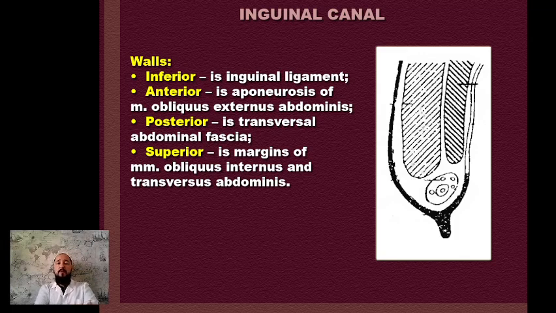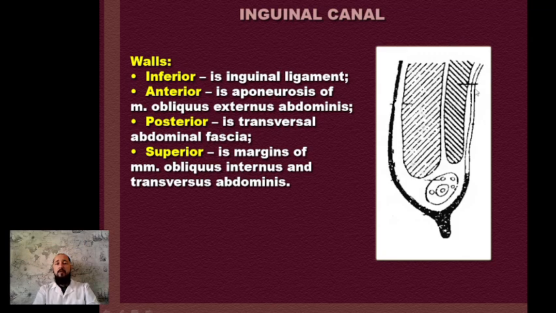Inguinal canal, about inguinal canal. Here on this picture you can see a cross section through the inguinal canal. So I remind you that there are three layers of muscles: obliquus externus, obliquus internus, transversus abdominis.